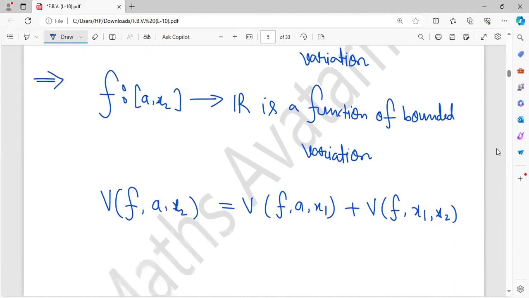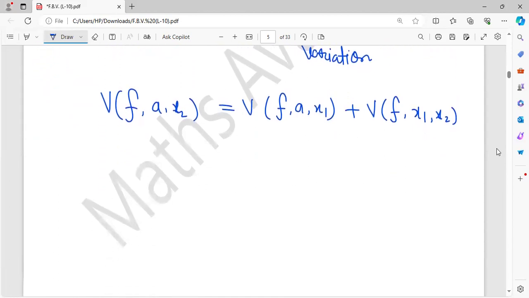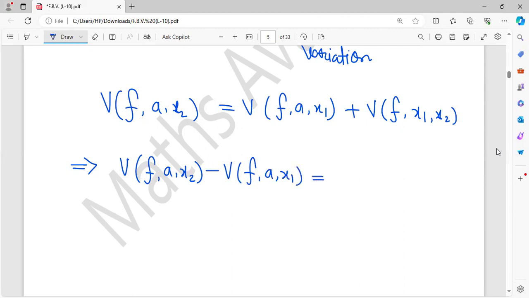So f will be a function of bounded variation over [a, x1] and [x1, x2] closed intervals. So this implies V_f[a, x2] minus V_f[a, x1] is equal to V_f[x1, x2].